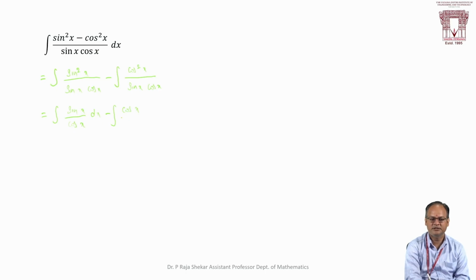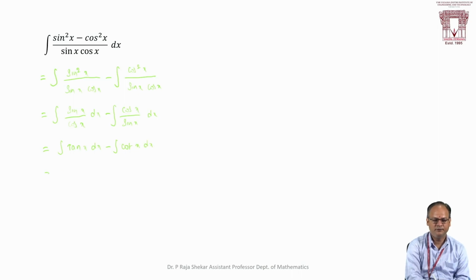So it is cos x over sin x. Now what is the integration of sin by cos? Sin by cos is tan x and cos by sin is cot x.